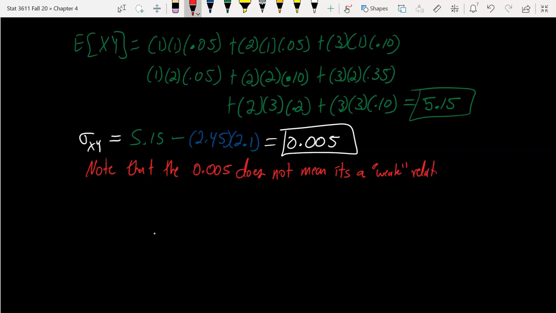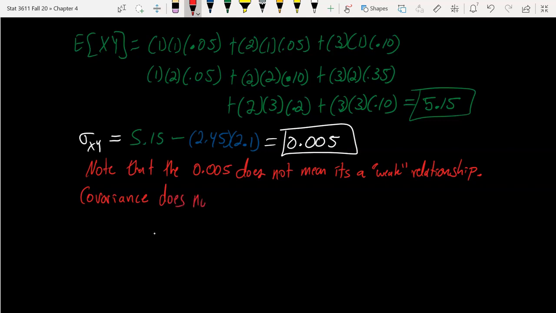It's a positive relationship, and that's all it tells us. There's a positive covariance, so if x goes up, we expect y to go up as well. It does not mean that it is a weak relationship. Covariance does not measure the magnitude or strength of the relationship, but rather just the nature of it.